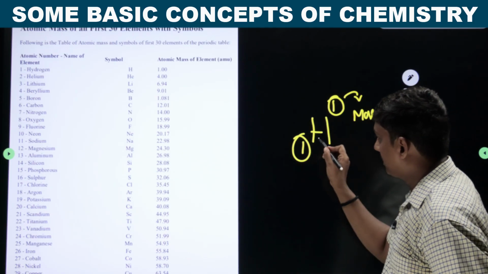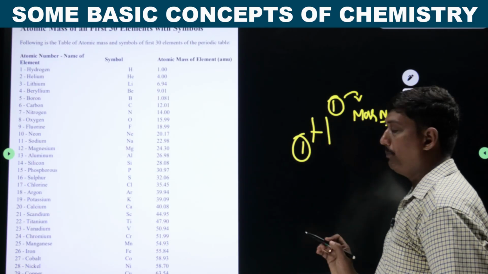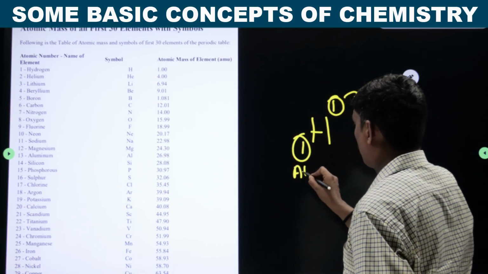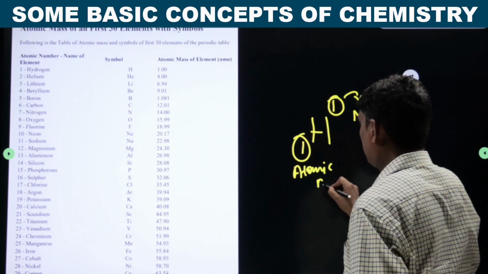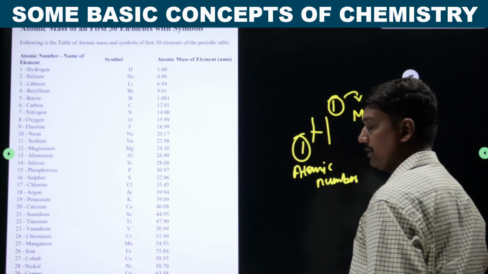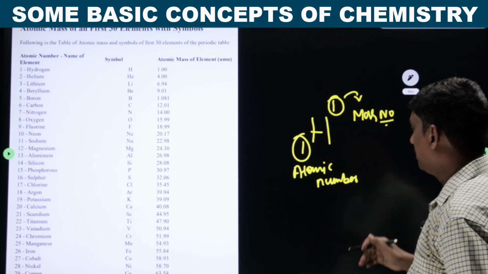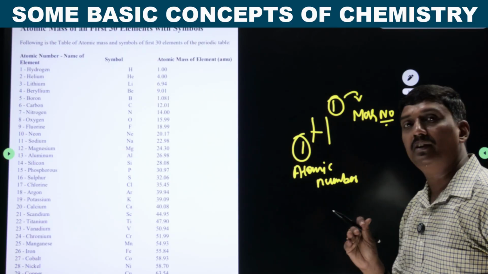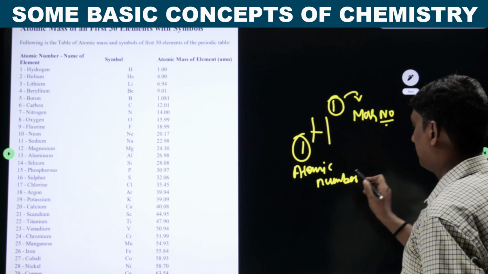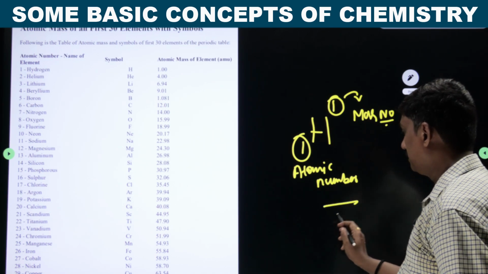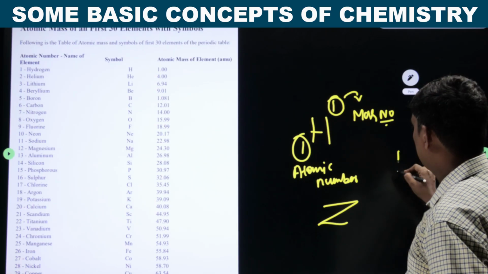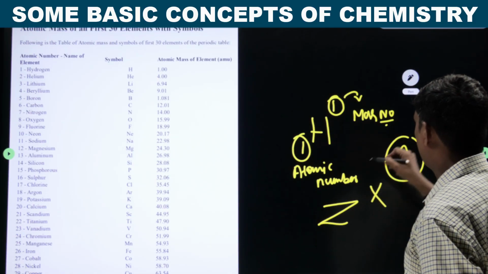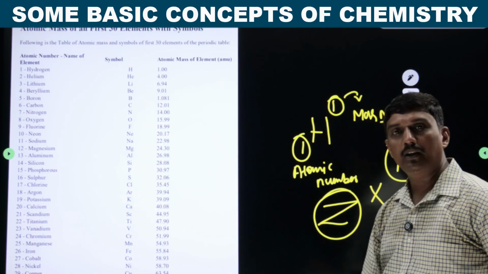This is a subscript, to the left at the bottom of the symbol, which is nothing but the atomic number. Atomic number and mass number are represented symbolically, for example, A and Z. A represents the mass number, and Z represents the atomic number.